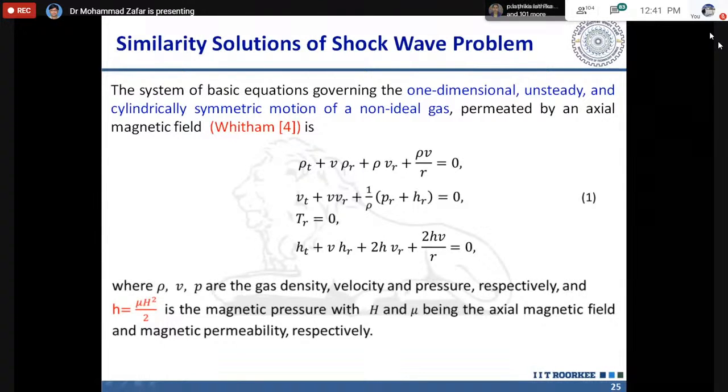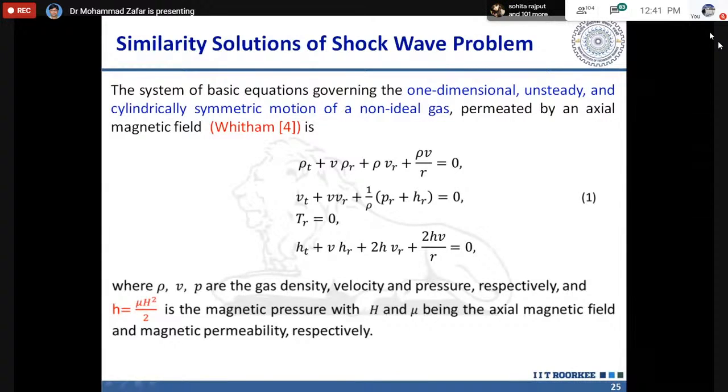So we have this system of equations given by equation number 1. This is a one-dimensional system which is unsteady, and also there is cylindrically symmetric motion in a non-ideal gas. Also there is a magnetic field which is axial in nature.